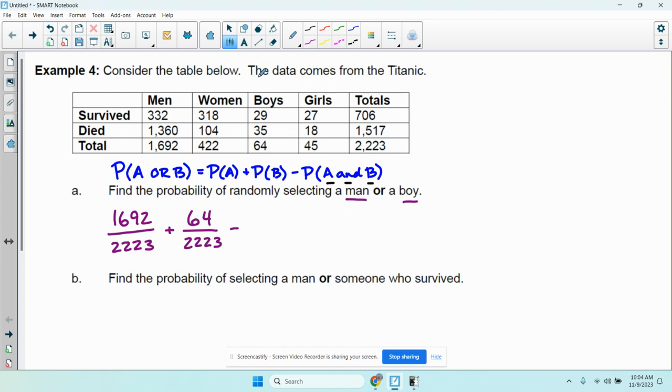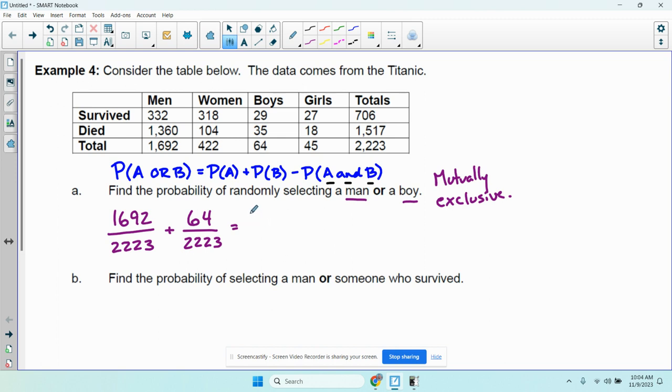Well, since there are no people on the Titanic that are both men and boys, these are completely separate groups. This is 0. There's nothing to subtract here. These are mutually exclusive groups. We call them mutually exclusive. So it's a matter of just adding these two together.